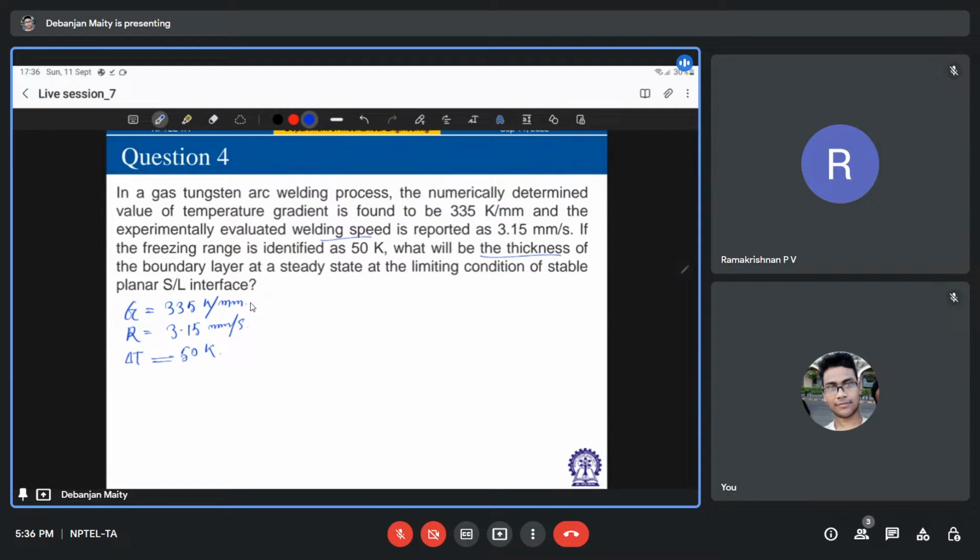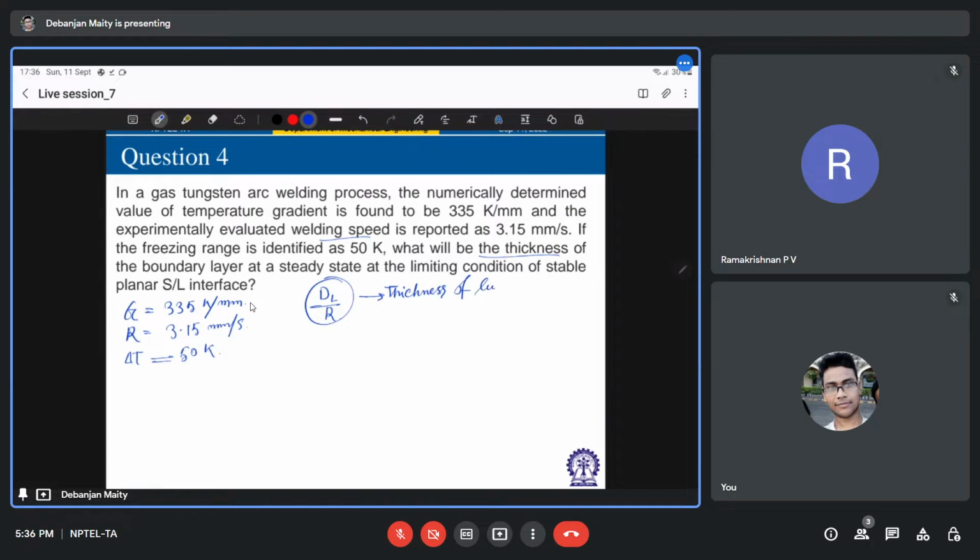So what is the thickness of the boundary layer? It is basically DL by R. So we do the same math here also.